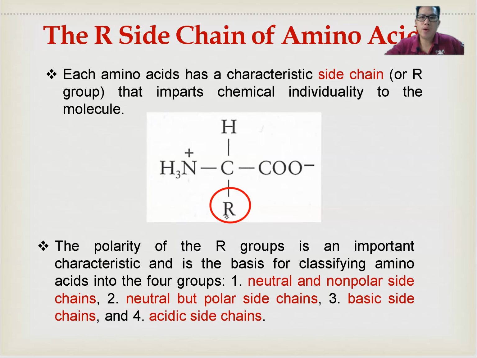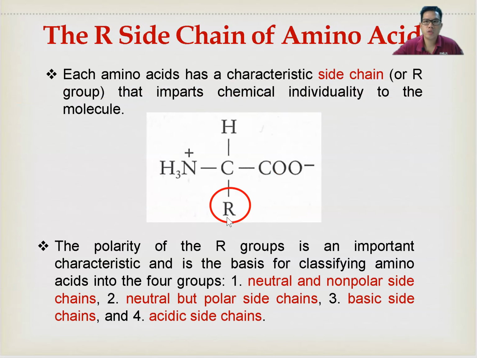They can be divided into neutral and non-polar side chain, where neutral means no charge, and non-polar means not polar. Neutral, no charge, but polar side chain, or basic side chain or acidic side chain. Basic side chains can accept hydrogen ions, whereas acidic ones can donate hydrogen ions.